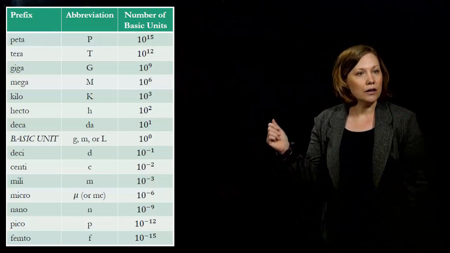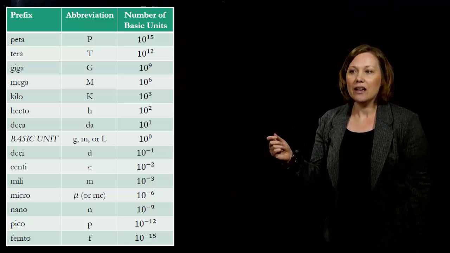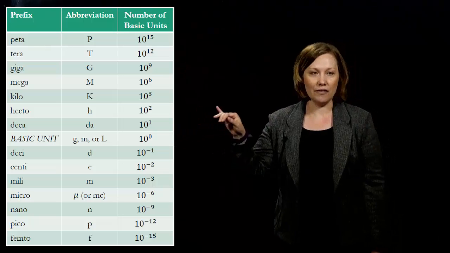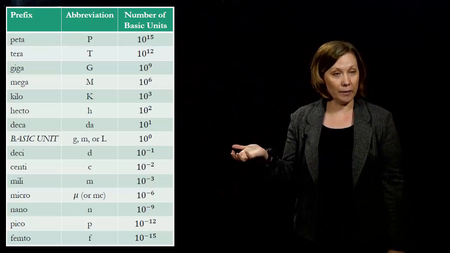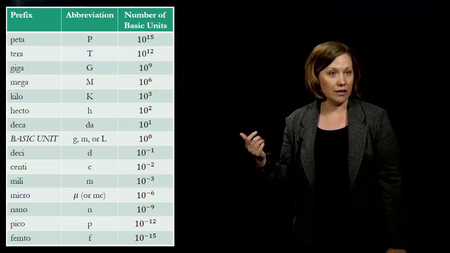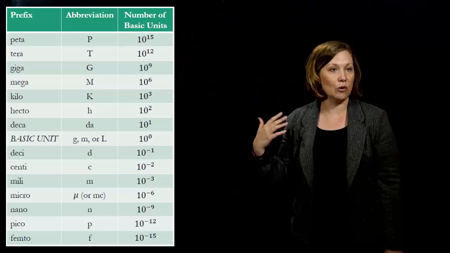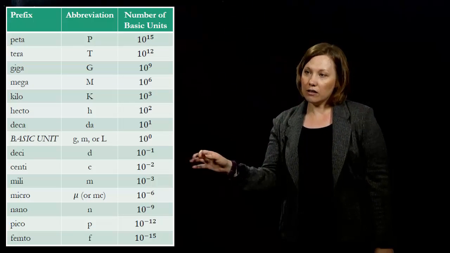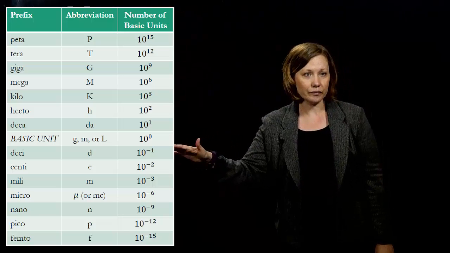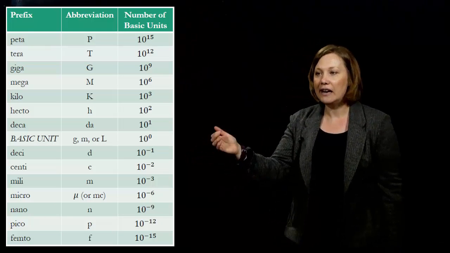So here I've got all of the different prefixes for the metric system. And you can see in the middle you've got the basic unit. And so the basic unit is whatever you're measuring: volume, weight, or length. So liters, meters, or grams, depending on what you're measuring. And then you can see we've already talked a little bit about the centimeter, which hopefully you're familiar with if you've ever looked at a ruler.